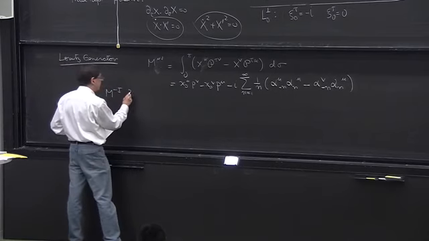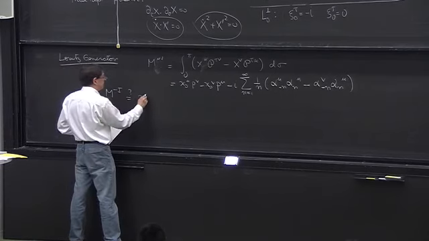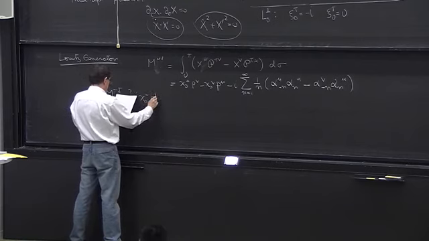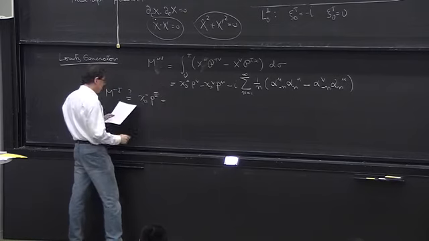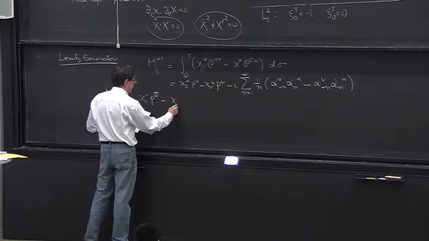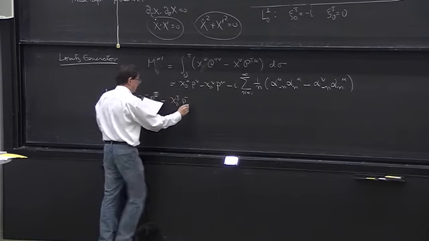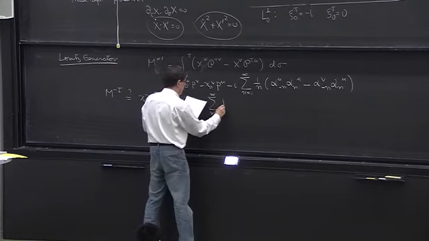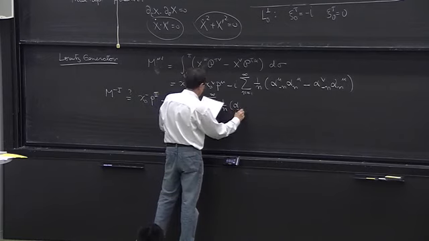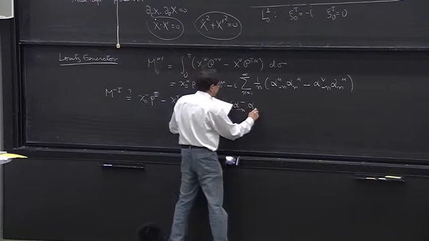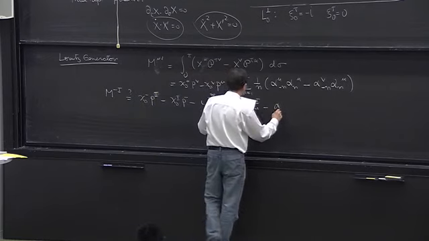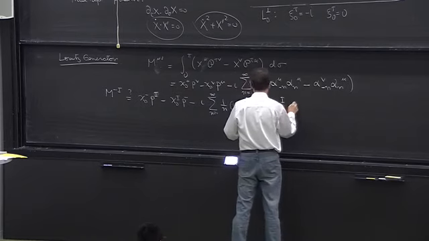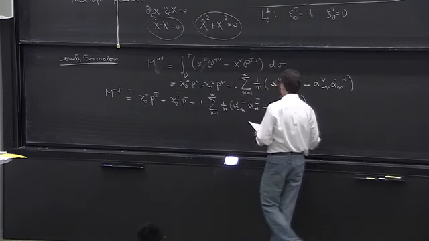Well, you try something like x0^i p^− − x0^− p^i − i Σ from n equals 1 to infinity of 1/n (α^−_{−n} α^i_n − α^i_{−n} α^−_n).